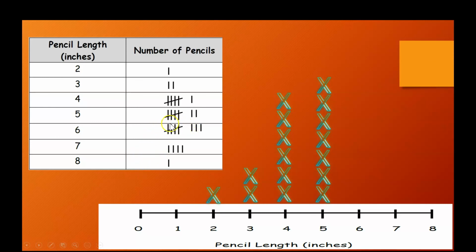We have a group of 5 here plus 3 more equals 8. 1, 2, 3, 4, 5, 6, 7, 8. How about above 7 inches? How many x's? There's 4. 1, 2, 3, 4. And above 8 inches, there is 1. So we're going to put 1 there.